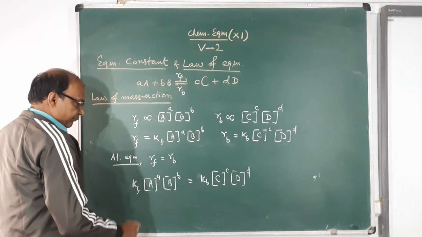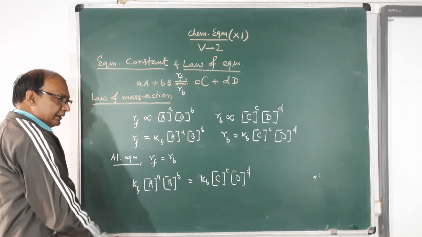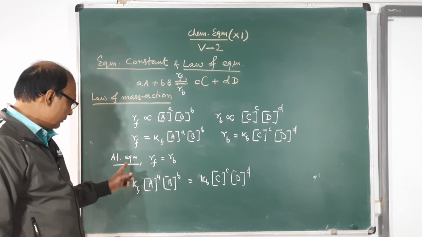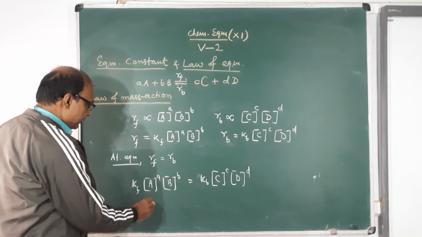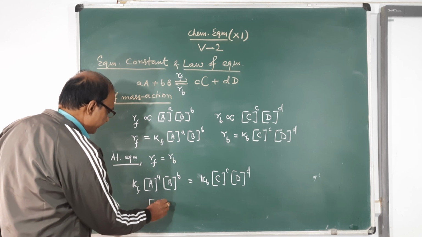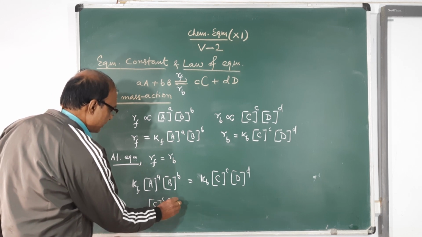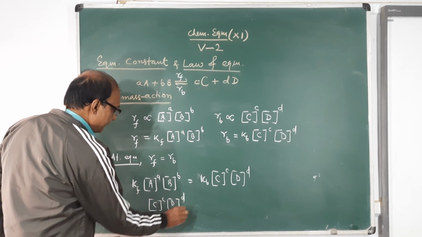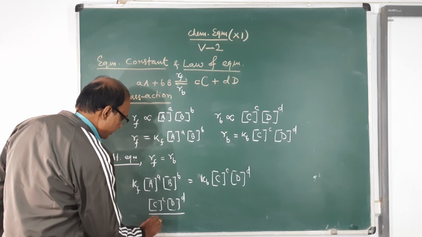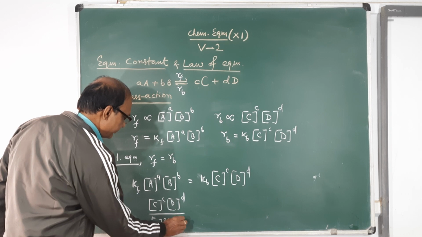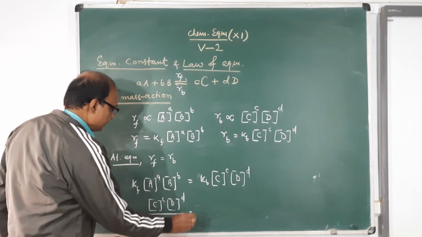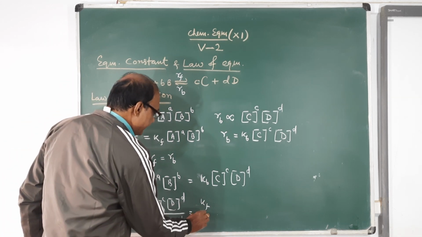Now see, this is the condition we get at equilibrium. Therefore, [C]^c [D]^d divided by [A]^a [B]^b is equal to Kf by Kb.